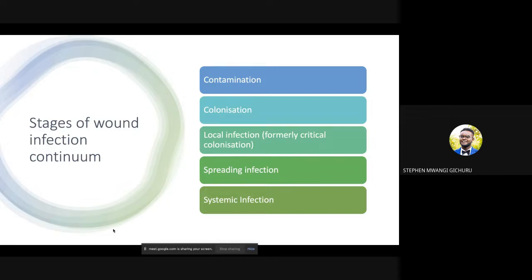I think we might have a session on those cutaneous infections, but at that particular point we're talking about spreading infections. Systemic infections now, this thing is now in the blood. So it's moving within the vascular system, it's moving within the lymphatic system, and the patient at this point has septic shock, has severe sepsis, and there's a high chance of death. This rarely happens, but it could happen.